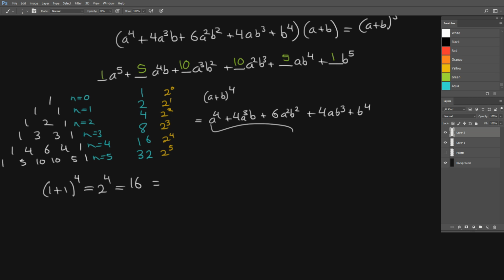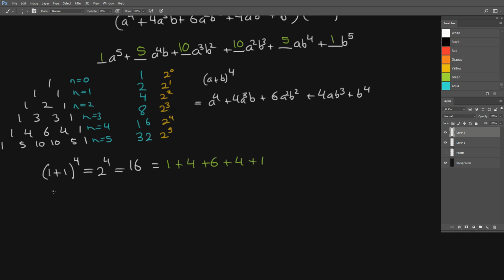But we can also use this expansion. Since a and b both equal 1, this thing is going to equal 1, this thing is going to equal 1, and so on. So we'll simply be left with 1 plus 4 plus 6 plus 4 plus 1. So that's why this row gives us 2 to the 4.